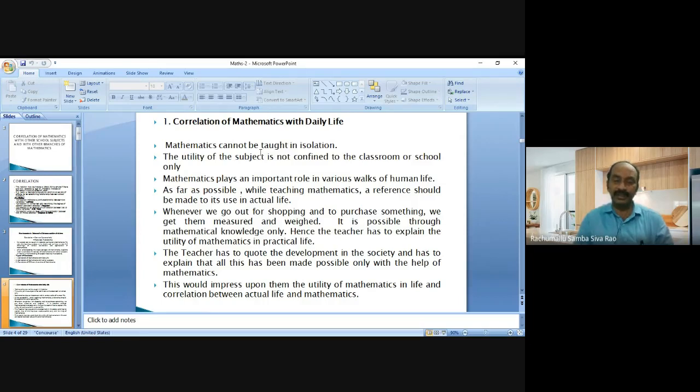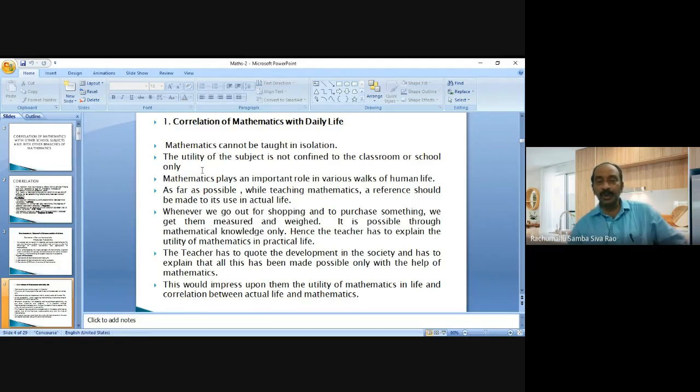Then only will the aim of schooling be fulfilled. So the utility of the subject is not confined to the classroom or school. It has a wide range of utility.